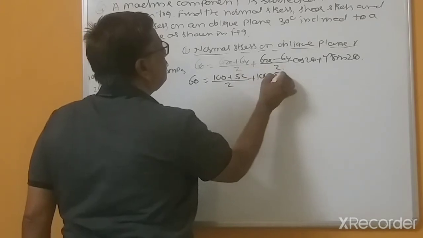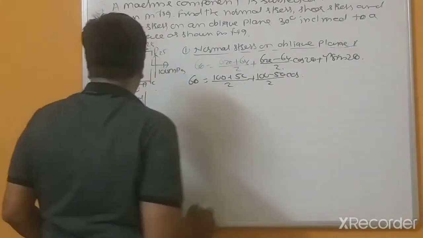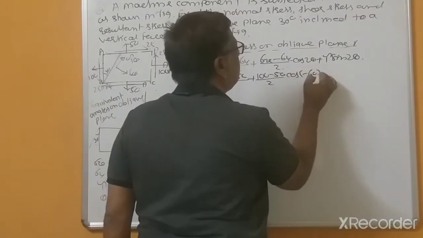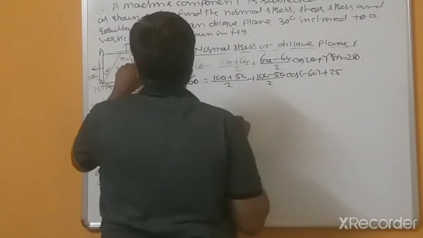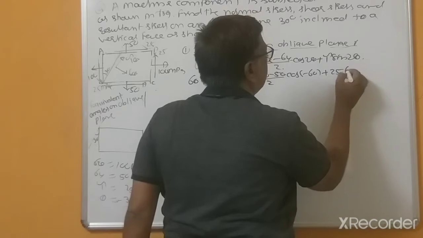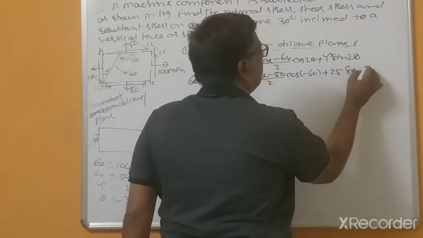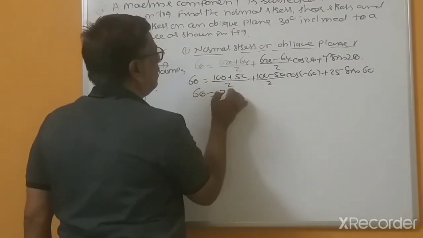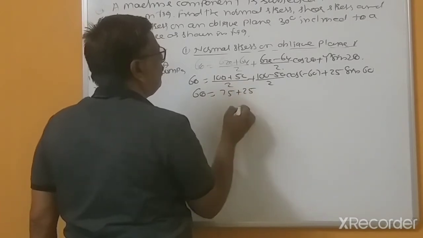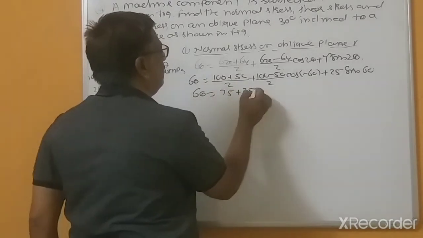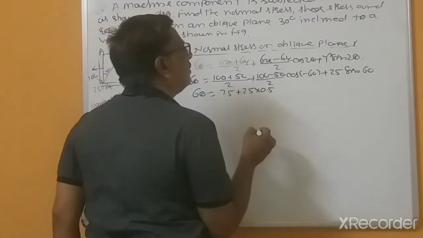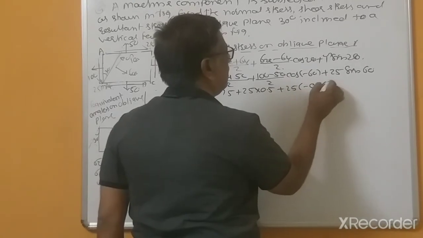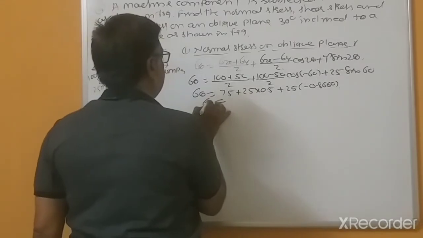This is 100 minus 50 divided by 2 cos, now these angles again minus 30, so it's minus 60, plus 25. Now this is positive because towards the right side, and this is sin 60. Sigma theta equals 75 plus 25 into 0.5 plus 25 into sin 60.